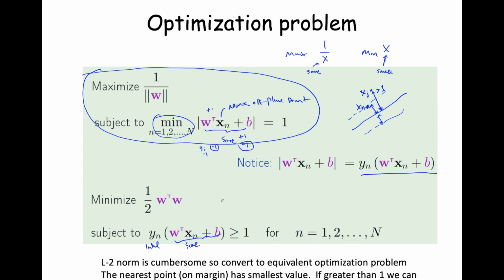Okay? So we can eliminate this min issue for the magnitude of the score for the closest off-plane point. And this idea of closest is expressed here using this inequality. And we can just find the equivalent expression to say the closest point is the one that is at least equal to 1.